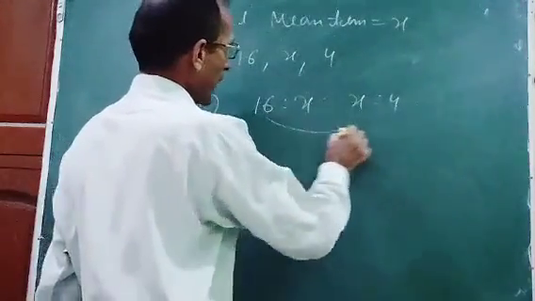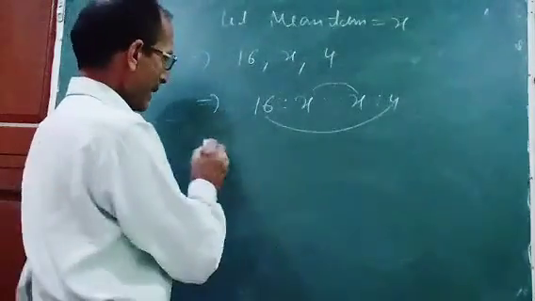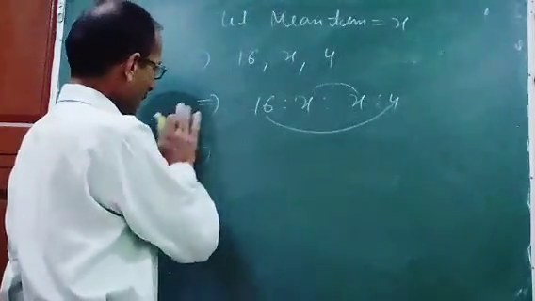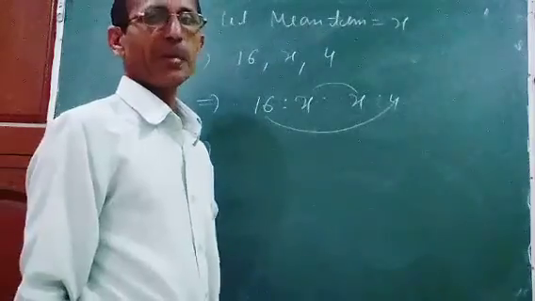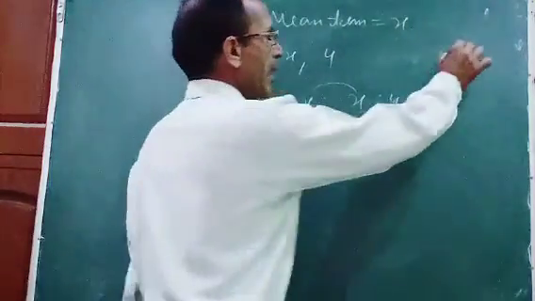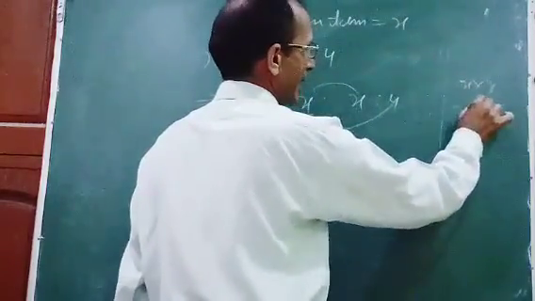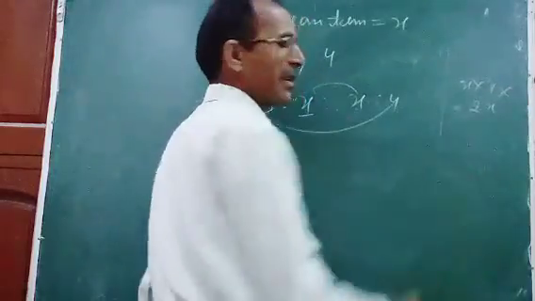The product of extremes is equal to the product of means. Now students get confused and don't know how to multiply. If we multiply x with x, some students write 2x. This is wrong.